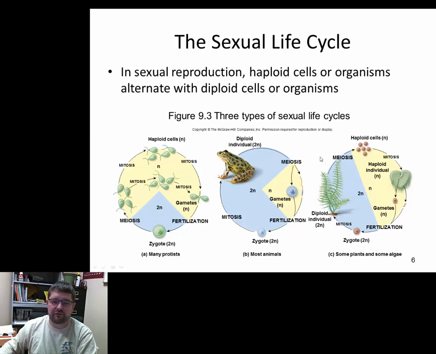And then you can have things like in ferns and things like that, where they have kind of two adult forms. They have a haploid adult individual and a diploid adult individual. And so these are some of the prehistoric plants that we see, ferns and things like that, and some algae that have been around for a long time. They have this kind of not quite one way or the other system, and can be fairly interesting to look at and study.